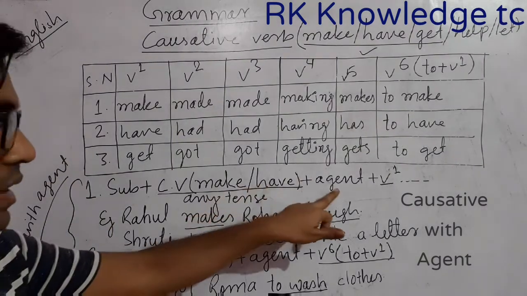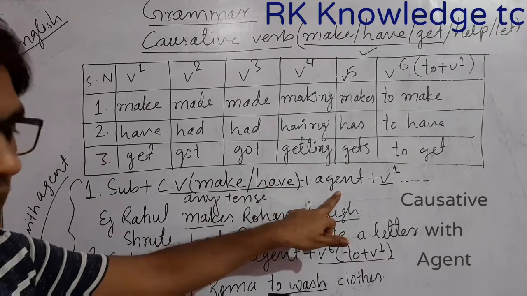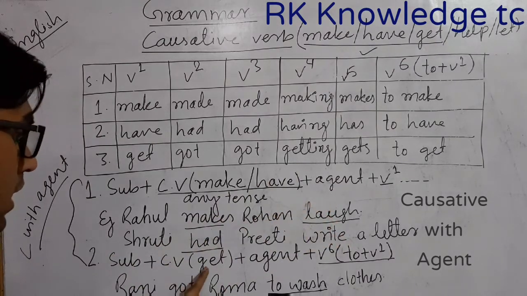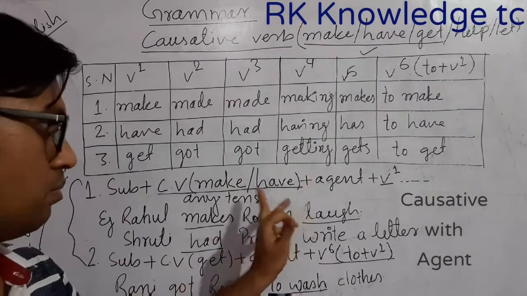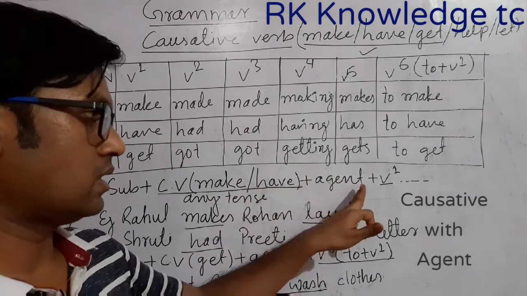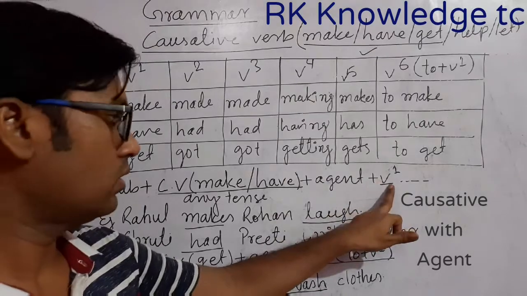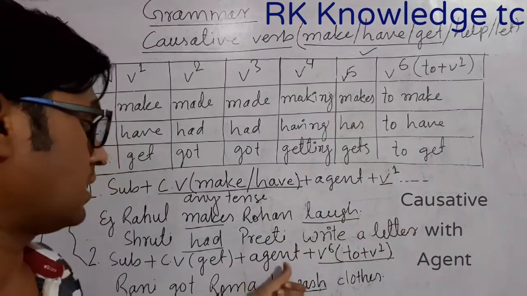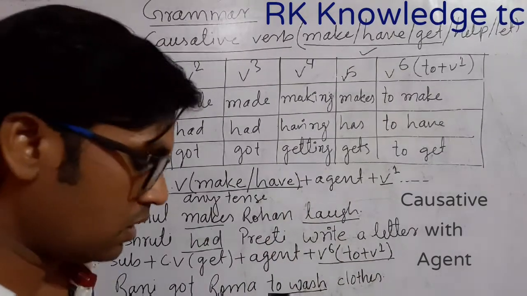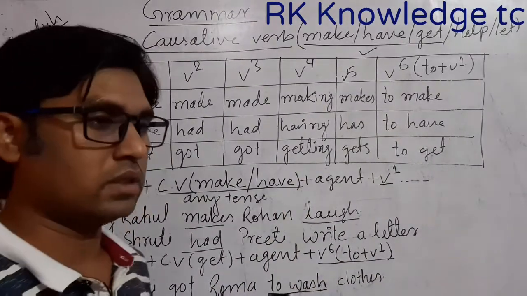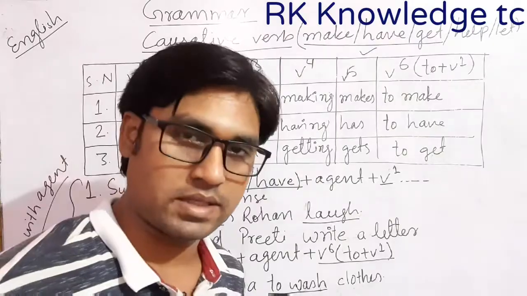Make and have take an agent, and get also takes an agent. When make and have take an agent, you have to use verb 1. When get takes an agent, you have to use verb 6. Those are the three causative verbs. Now we'll discuss causative verbs without agent.